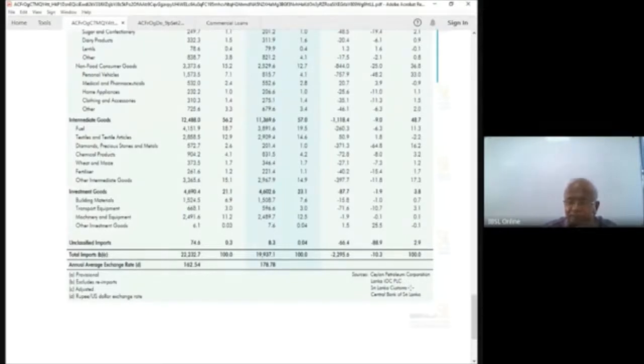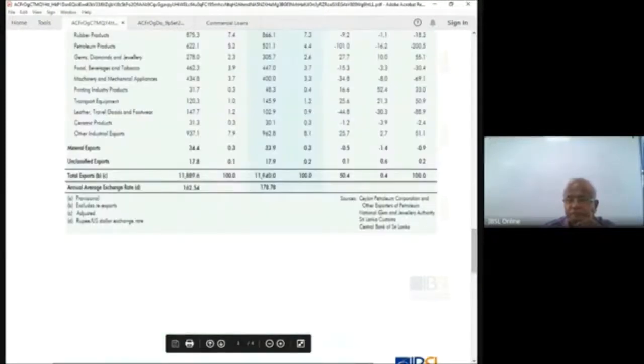Sri Lanka Customs returns, right? And the Central Bank of Sri Lanka has some banking sector information. These are the sources for these values. Exports, you can see the same: Petroleum Corporation and other exporters of petroleum, National Gem and Jewellery Authority exports, Sri Lanka Customs, Central Bank of Sri Lanka are the sources, right? Otherwise, you might think, how do you get this information?